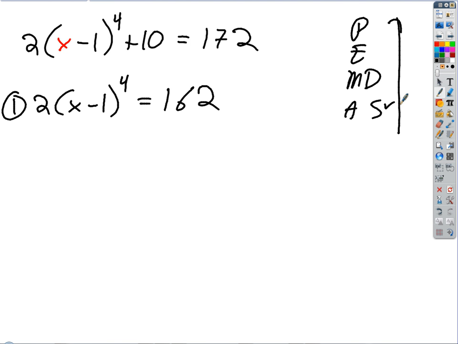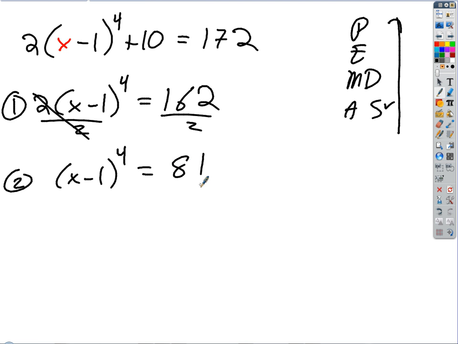Divide by 2. Yeah, good. We're going to divide both sides by 2. So the 2's cancel, right? And after 2 steps, we've got the quantity x minus 1 to the 4th equals 81.